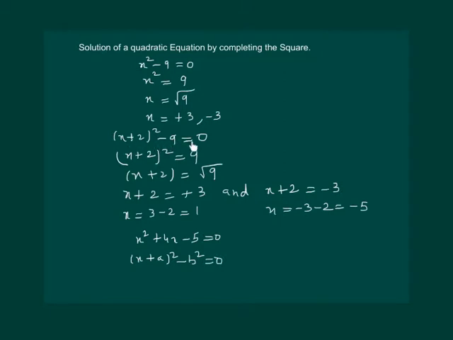And we have seen that it is easy to find the roots of a quadratic equation of this form. In fact, we can convert any quadratic equation into this form. So let us see how we can convert it, and this is called the method of completing the square.